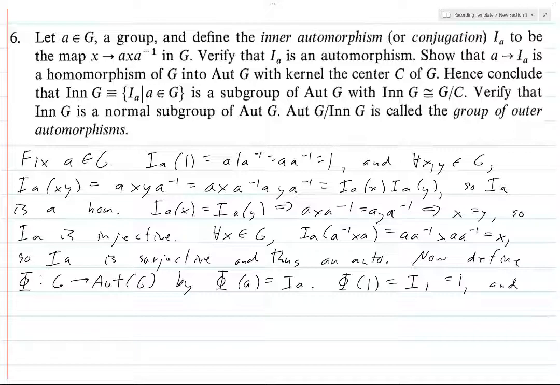And what else? We do the typical for all A, B in G, and for all g in G as well, because phi of AB is going to give us an automorphism, and so we want to be able to describe that automorphism, and the natural way to describe automorphisms is by evaluation at points, at least for me.